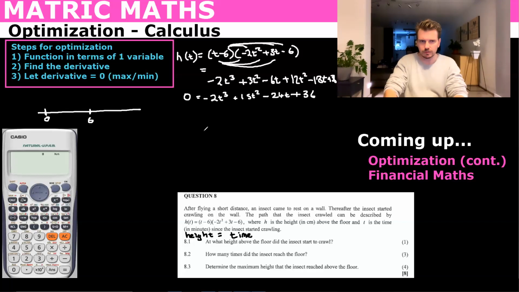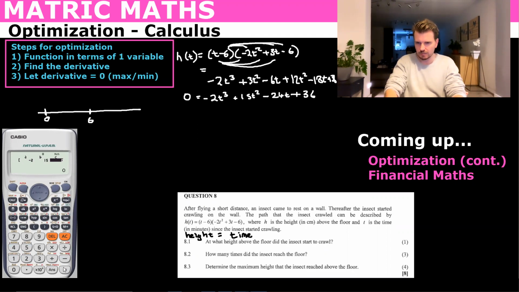I'm going to put it into the calculator. So I press mode, and I'm going to go to the equation mode, and I'm looking for the equation of a cubic function, which is 4. Now, a is minus 2. B is the next one, and that's 15, because it's 15t squared.